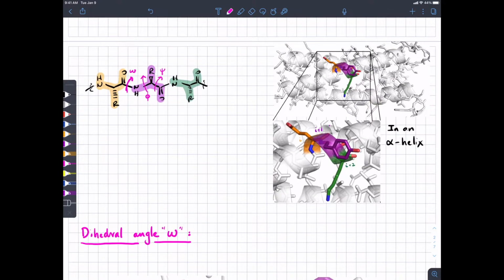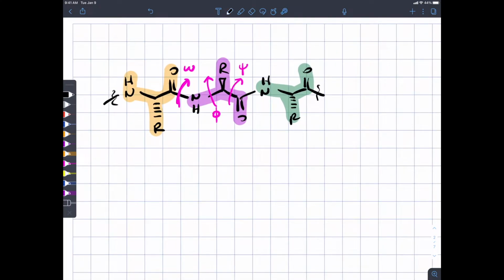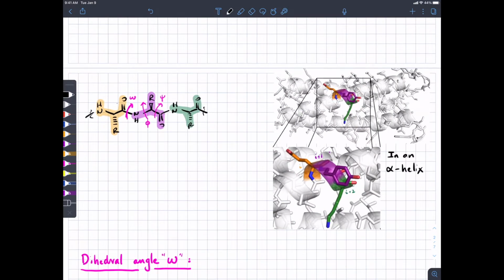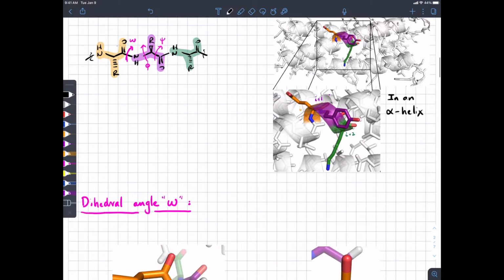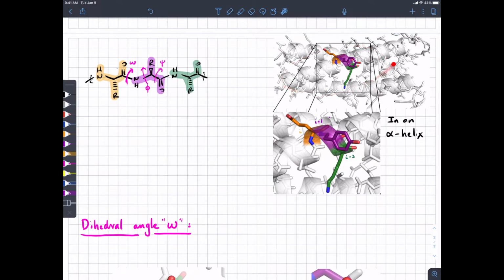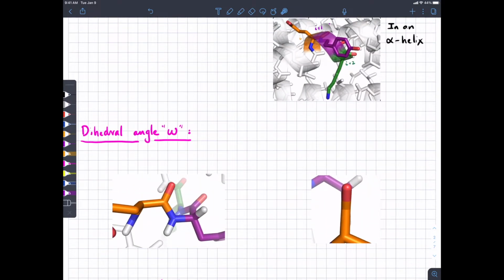So let's zoom in on this bond between carbonyl carbon and amide nitrogen. And to do this, I have taken this 3D structure. It's a crystal structure of a molecule we work on in my lab. And we're going to zoom in on this portion. What you're seeing here is the carbonyl carbon, the alpha carbon, and the nitrogen, and then this is the R group for the I position amino acid.